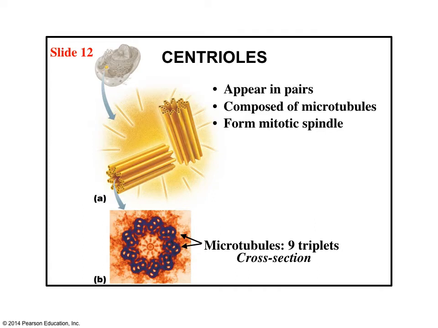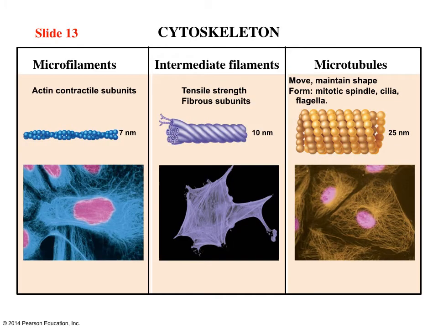Centrioles usually appear in pairs. Again, they're composed of microtubules, and they form the mitotic spindle during cell division. Cytoskeleton, miniature little tubes within the cytosol. We mentioned microtubules already. Those are the largest. The smallest are microfilaments.